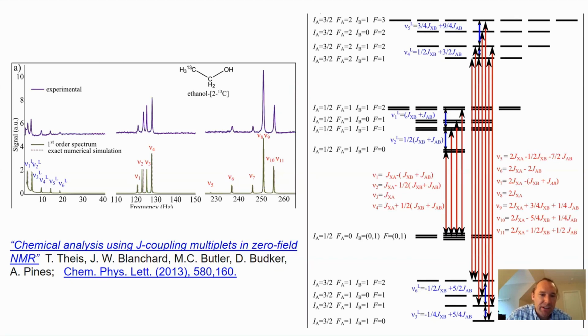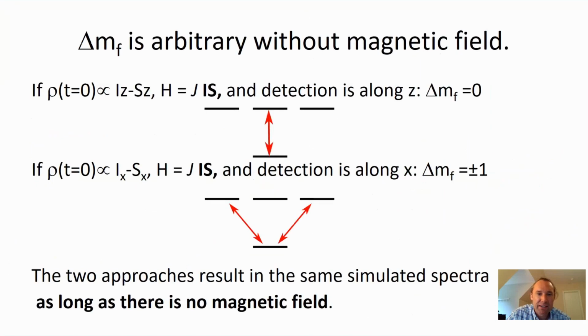But what I really want to focus on is a slightly simpler question, which is the delta MF selection rule. First, I want to point out that this is slightly arbitrary if there is no magnetic field.